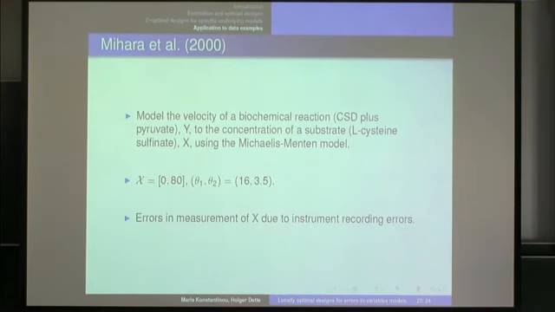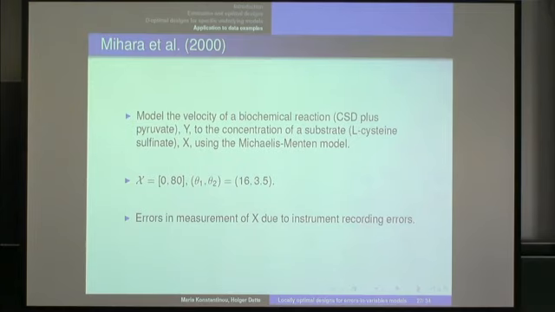So the first example we consider is discussed by Mihara et al. And they study the velocity of a biochemical reaction, how this is affected by the concentration of the substrate. And they model this using the Michaelis-Menten model.